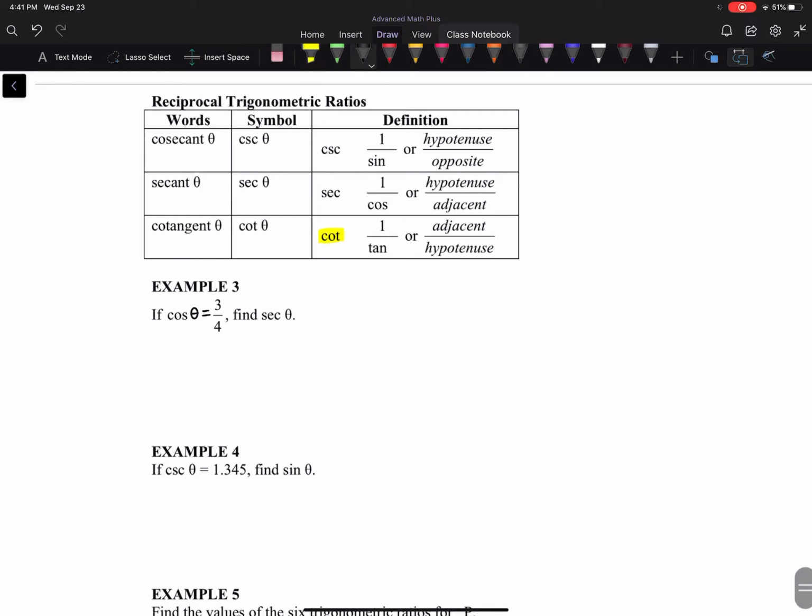And for some reason, I put adjacent over hypotenuse. Well, adjacent over hypotenuse is cosine, not cotangent. So let's fix that right quick. That should say opposite. So adjacent over opposite is cotangent.